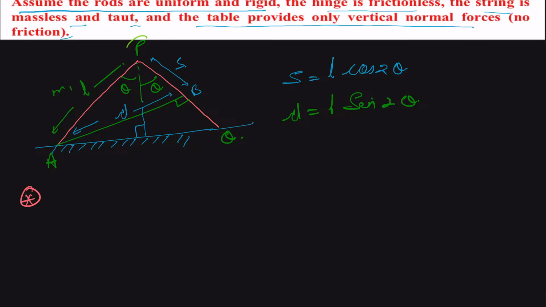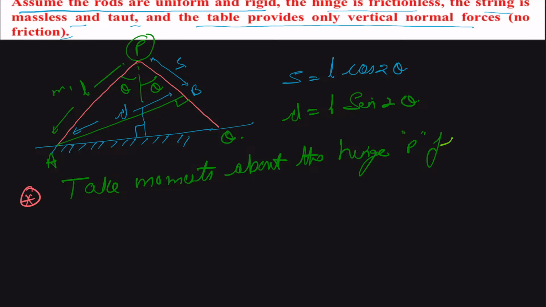That we are going to consider as P, because the hinge is P and it is connected at P. Therefore, we say taking moments about the hinge P for the left rod. Left rod is nothing but our AP.